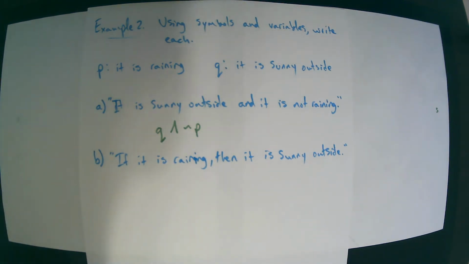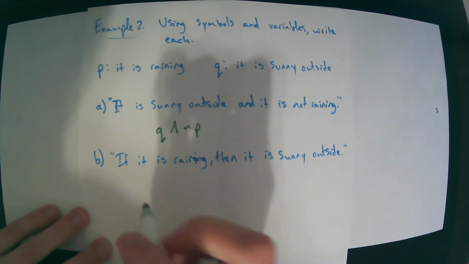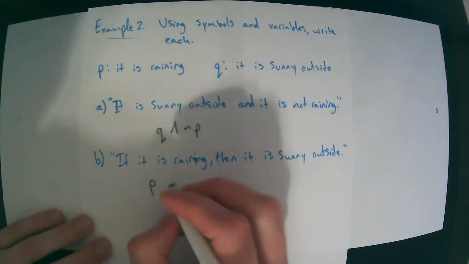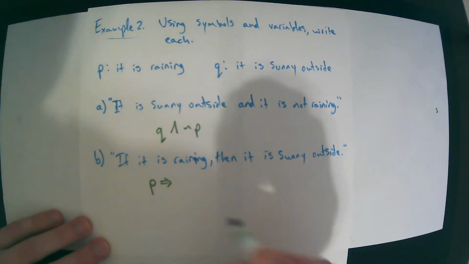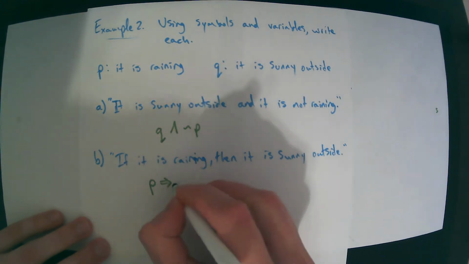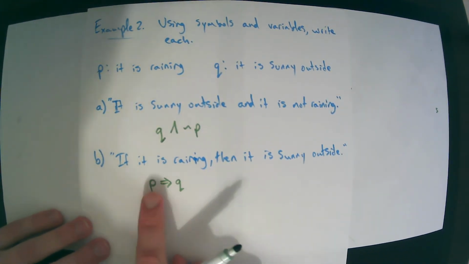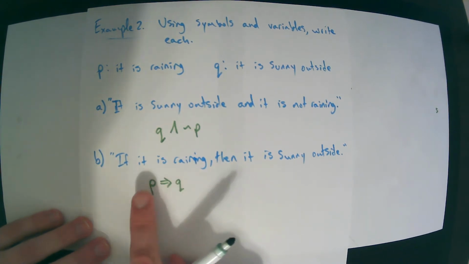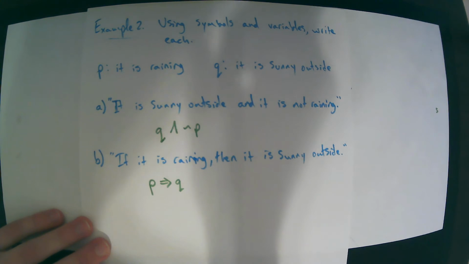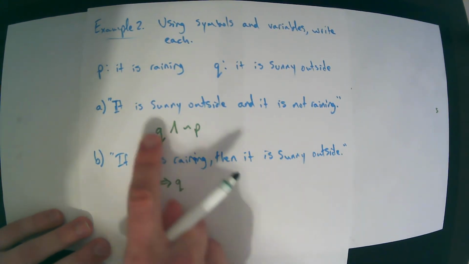So the way we would do this one is we would say, okay, the first statement is it is raining, so that's P. Then we would put the symbol for if-then in between the letters, like this. And then it is sunny outside, that's straight up Q. There we go. So this could be read as, with the symbols, P implies Q, or if P, then Q. So if you read it as an if-then statement, then you can't really go as nicely left to right as we did with these.